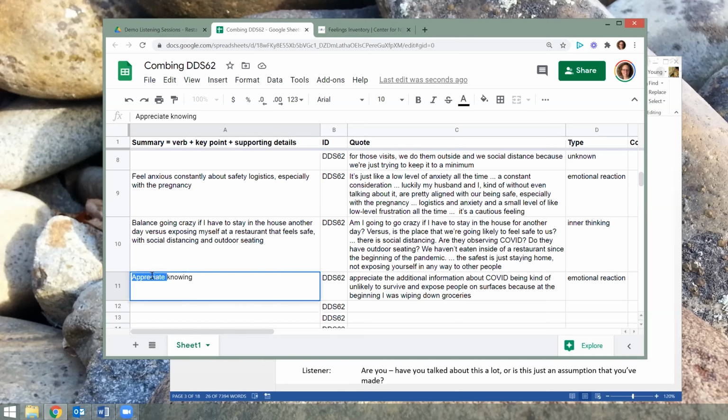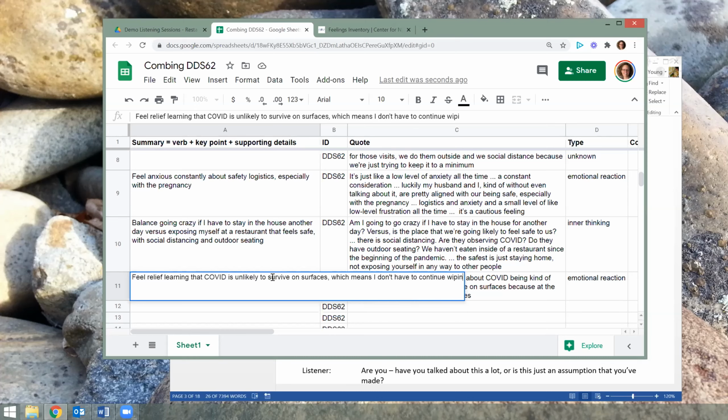So instead, I'm going to make sure that we know it's an emotion. So feel relief, knowing that COVID is unlikely. How about learning that COVID is unlikely to survive on surfaces, which means I don't have to continue wiping down groceries.